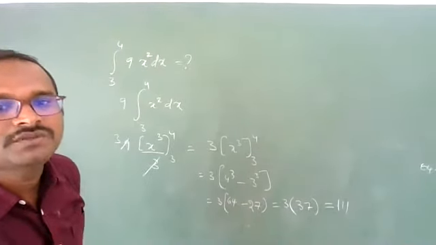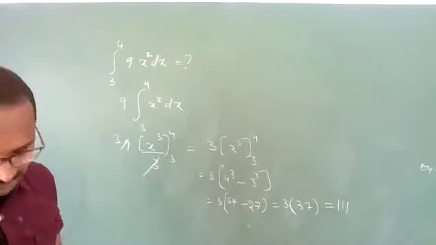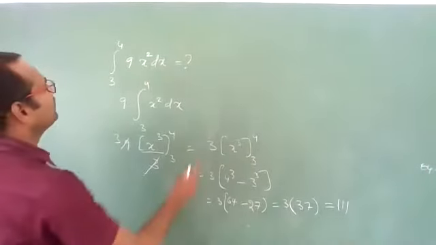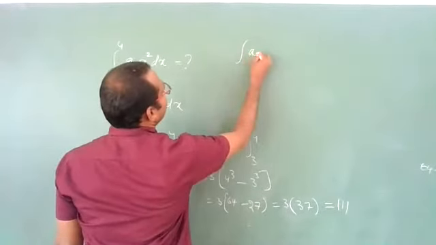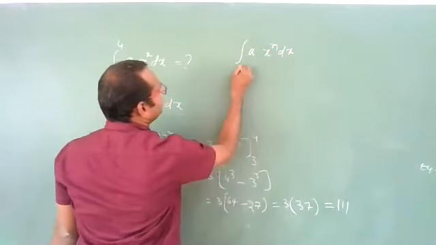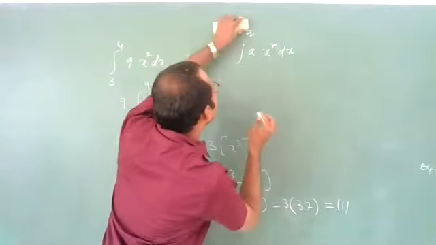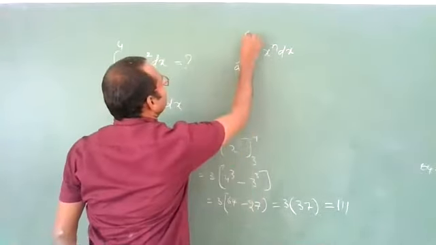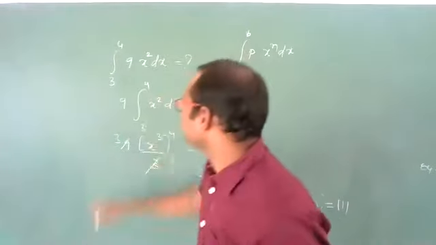Ritesh: Sir, could you please explain once again that formula? Yeah, definitely. The formula is whenever you are having integration of some constant into x power n dx, having the limits from a to b, and let us suppose this constant is p. Now 9 is there, no?